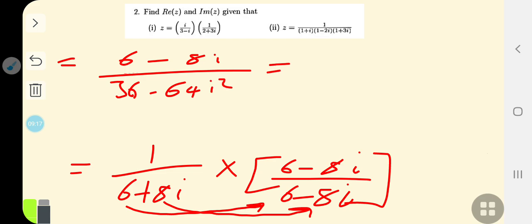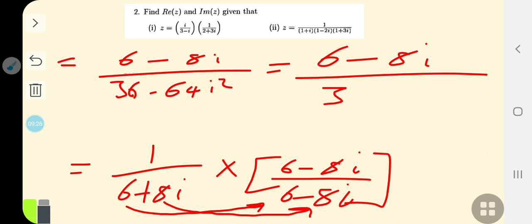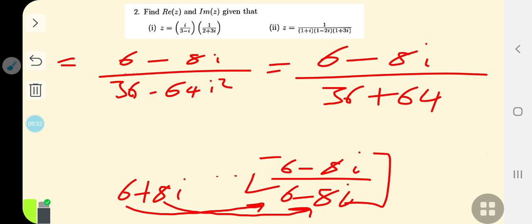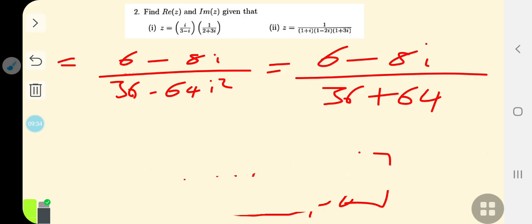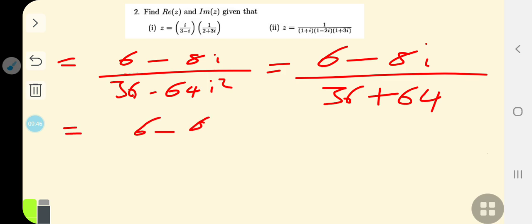So from here, this gives me positive 64, so it's going to be 36 plus 64. And from there I'm going to have 6 minus 8i divided by 36 plus 64. That will give me 100.